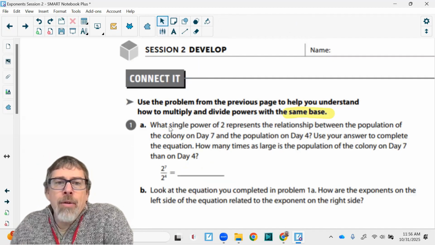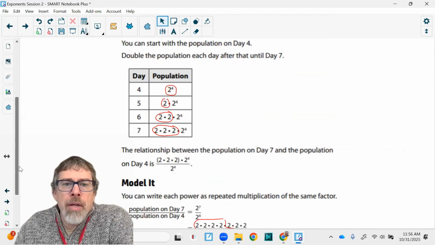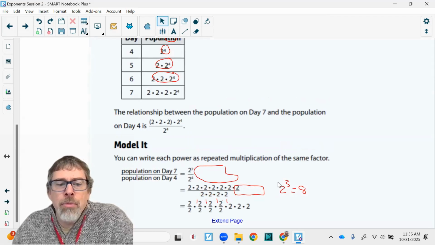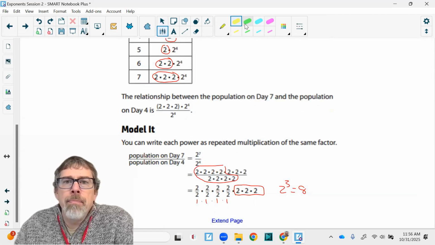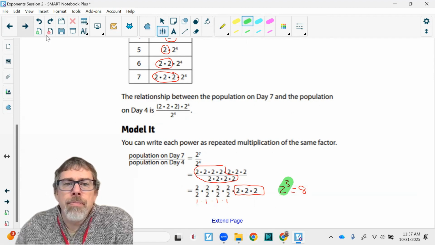So 1A, what single power of 2 represents the relationship between the population of the colony on day 7 and the population on day 4? Well, we just did that right here at the bottom of this page. Whoops, forgot to go back to my pen or my highlighter. Okay, it's right there. It's 2 to the 3rd.